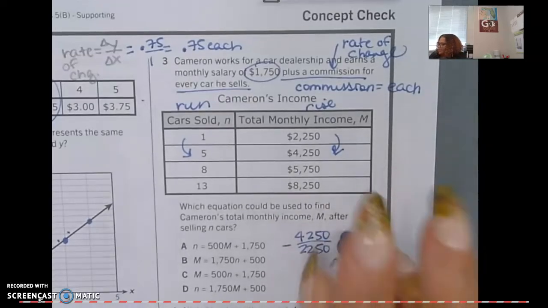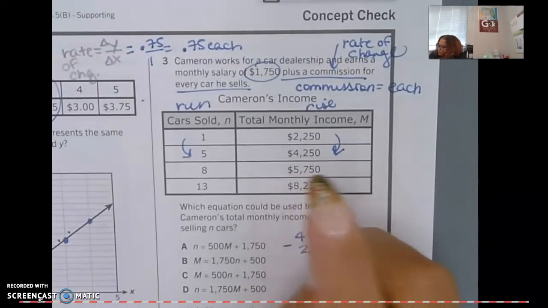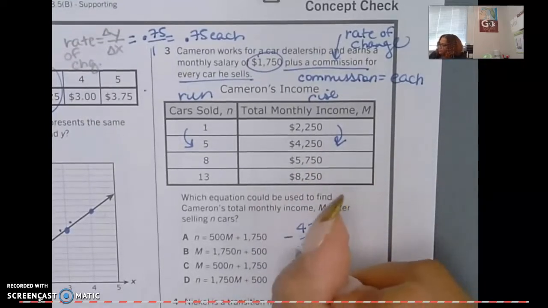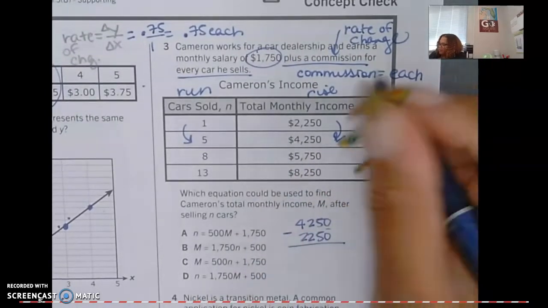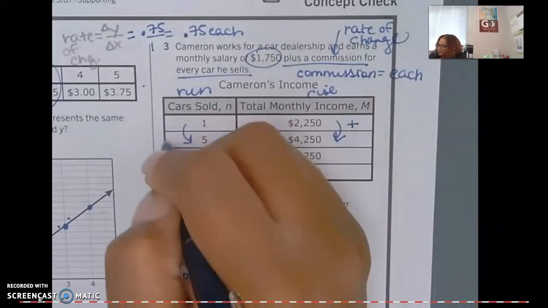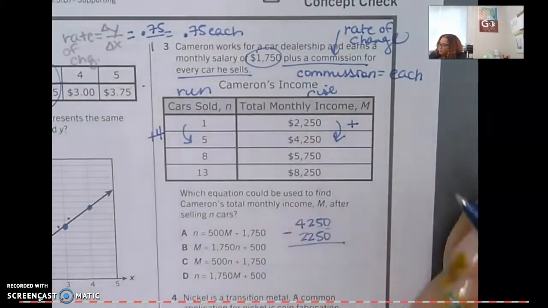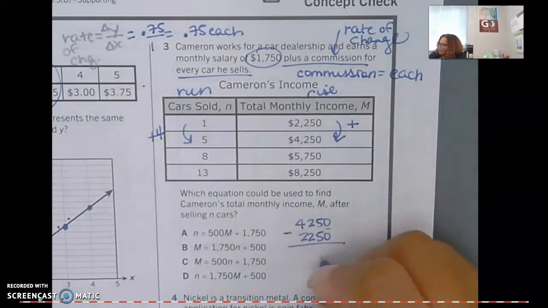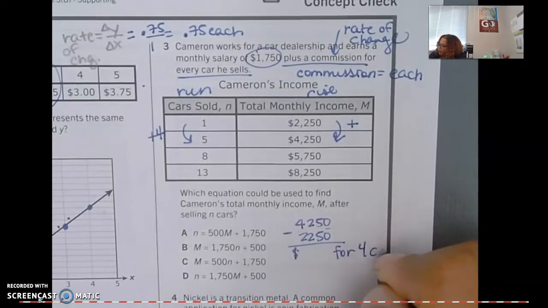Oops, that should be a minus, not a divided by. And I'm going to get a number. That's what I'm adding here. Then I'm going to take 5 minus 1, which is 4. 4 cars. So this is my rate for 4 cars.